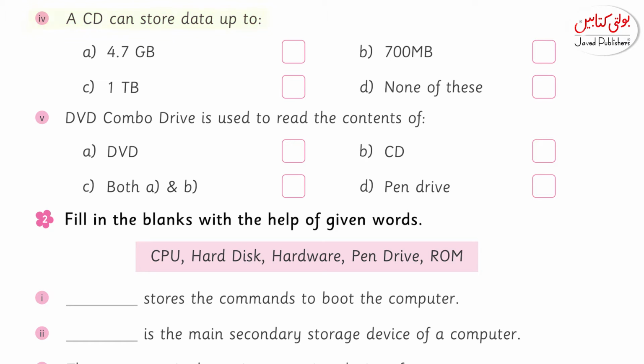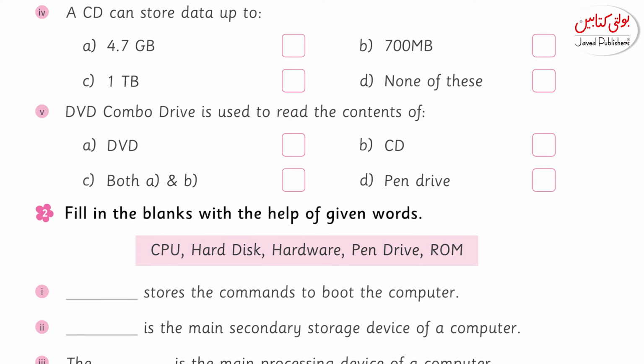The right option is 700 MB, option B. DVD combo drive is used to read the contents of a DVD, B CD, C both A and B, or D pen drive. DVD combo drive is used to read the contents of DVD and CD. The right option is option C.